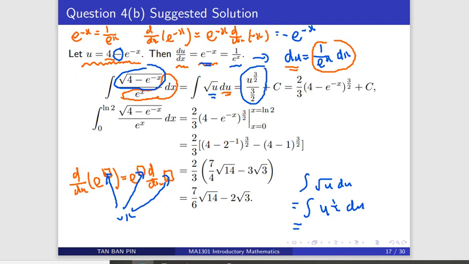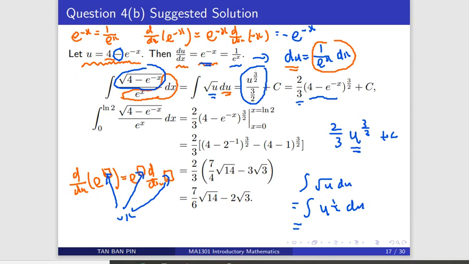So with that, you get 2/3 u power 3 over 2 plus c. u can be replaced back by 4 minus e^(-x).